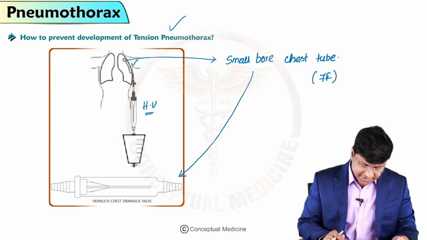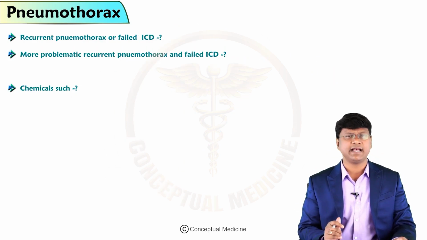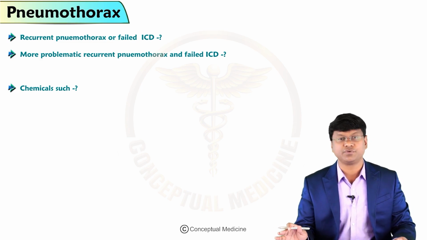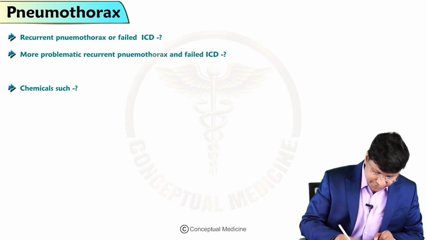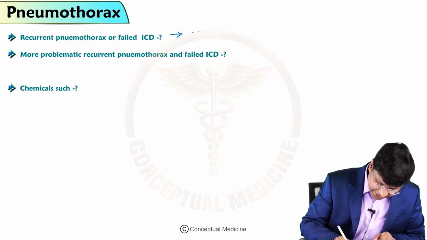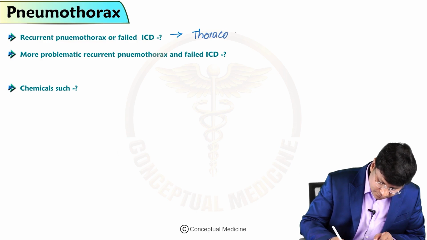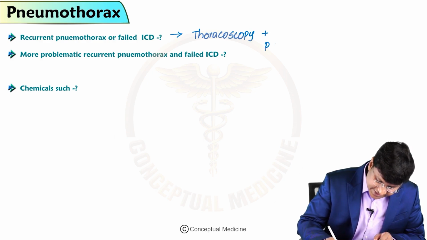And suppose the individual is having recurrent pneumothorax, then what do you have to do? You have to do a thoracoscopy plus pleurodesis.